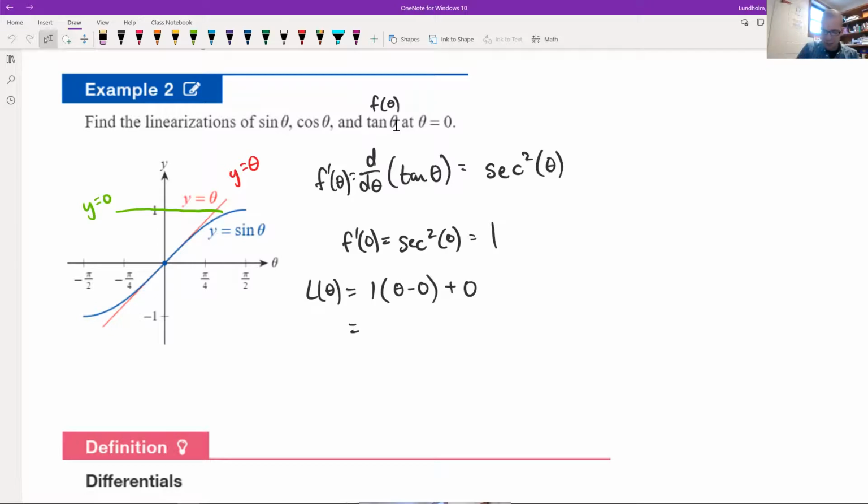So I guess this is really boring again, but the tangent line again would be y equals theta. It would be the same as the sine. And that makes sense.